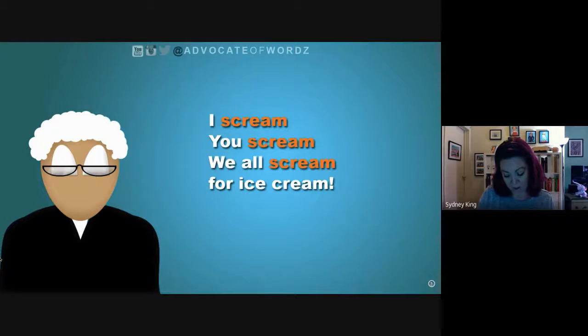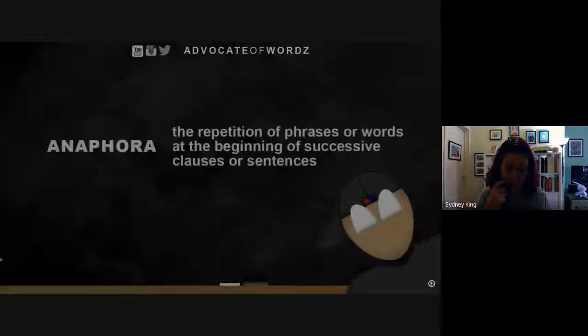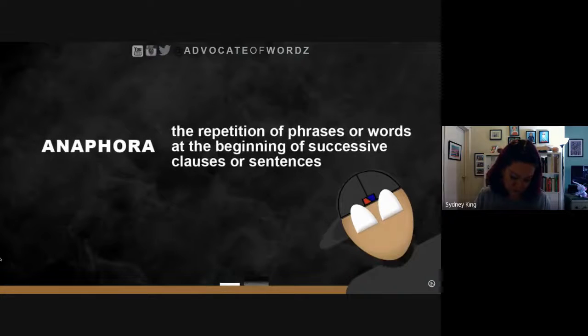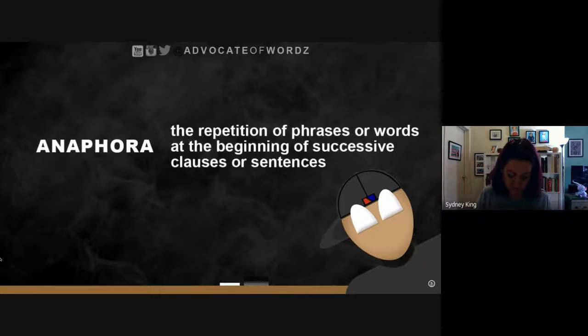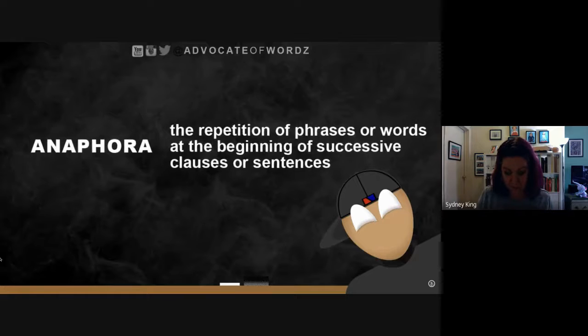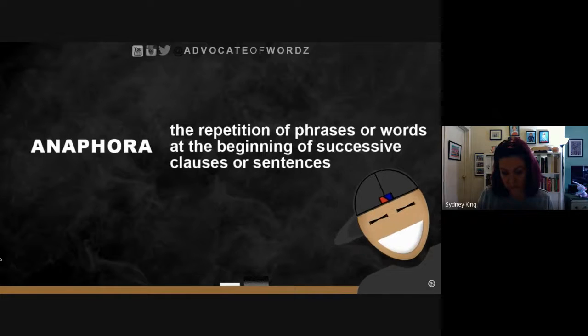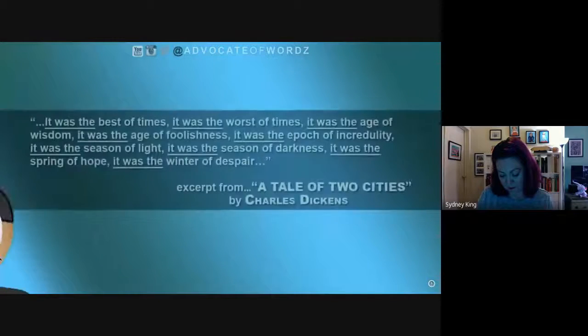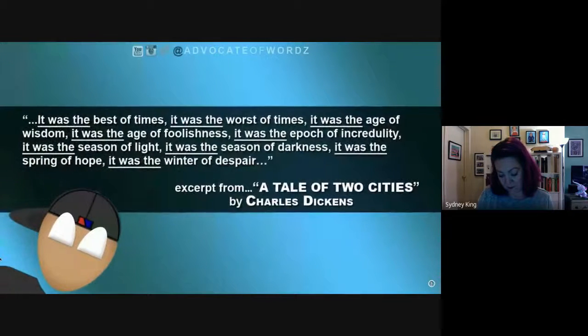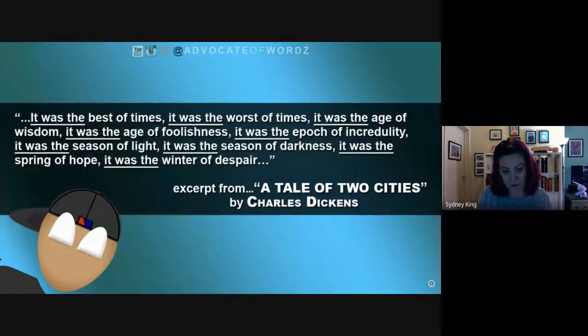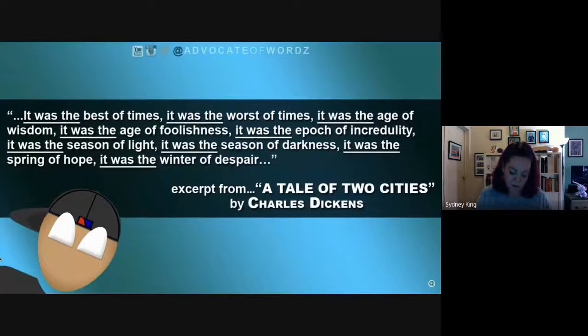Let's get to our next poetic device. An anaphora is the repetition of phrases or words at the beginning of successive clauses or sentences. It is the exact opposite of what an epistrophe is. Here are a couple of examples. An excerpt from the opening of Charles Dickens' novel, A Tale of Two Cities. As you can see, at the beginning of each successive clause are the words, it was the.